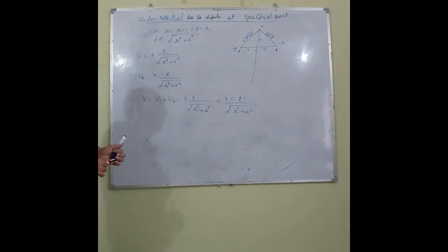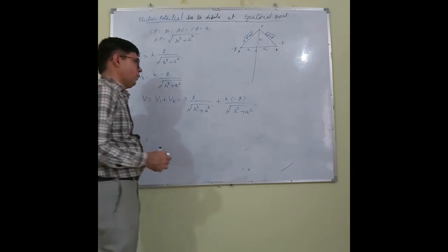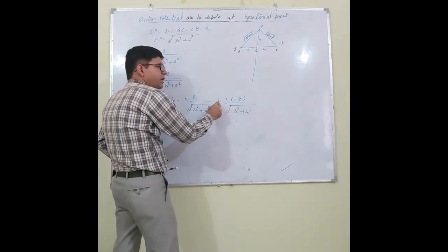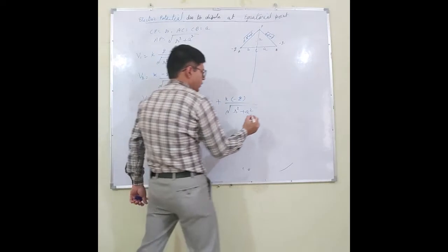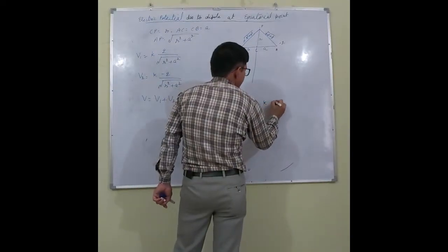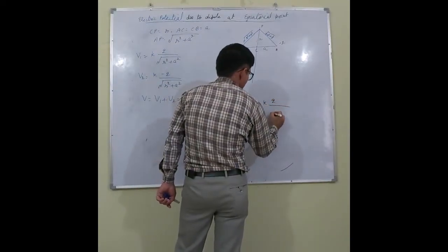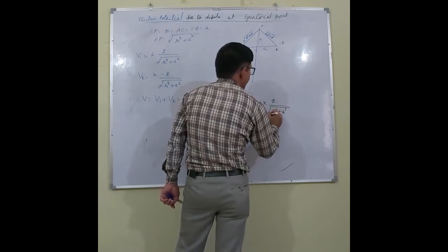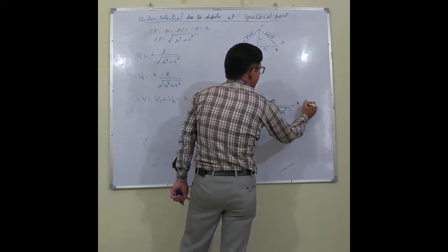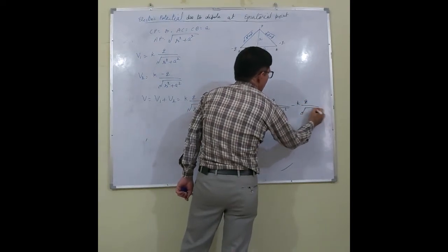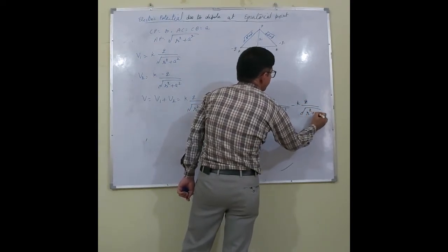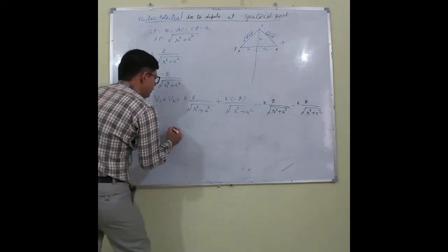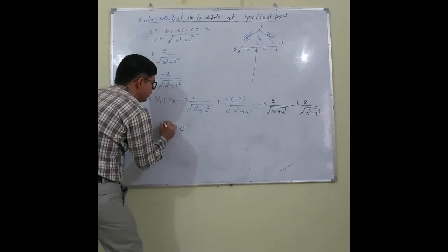Now these are equal and opposite, plus and minus. So I can write it as K Q upon root R square plus a square minus K Q upon root R square plus a square. So what will be the electric potential? It will be 0.